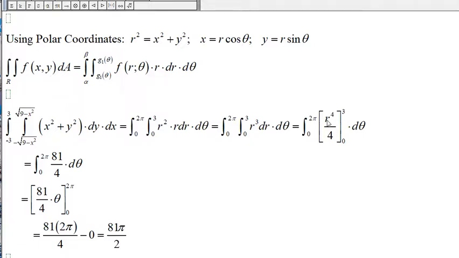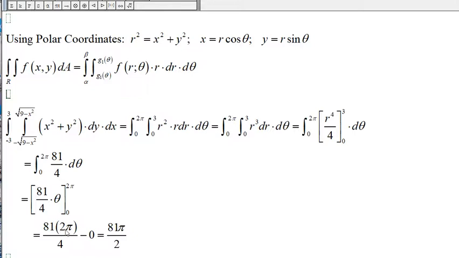Replacing r with 3, we get 81 over 4. Replacing r with 0, we get 0. So we get 81 over 4. And now integrate with respect to theta. Then we get 81 over 4 times theta, and then evaluate from 0 to 2 pi.